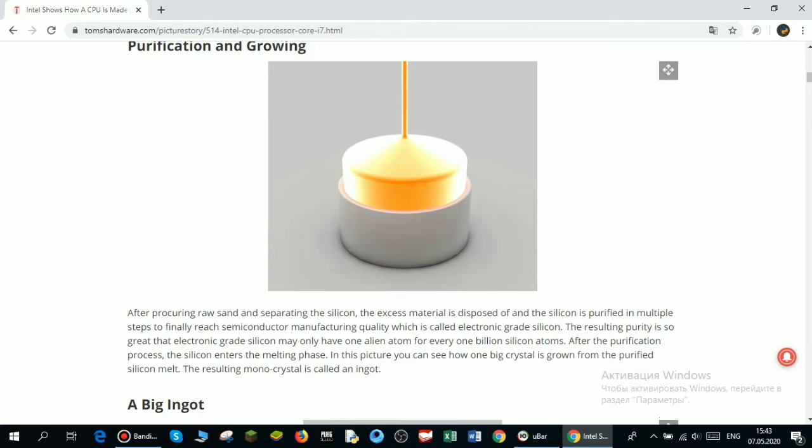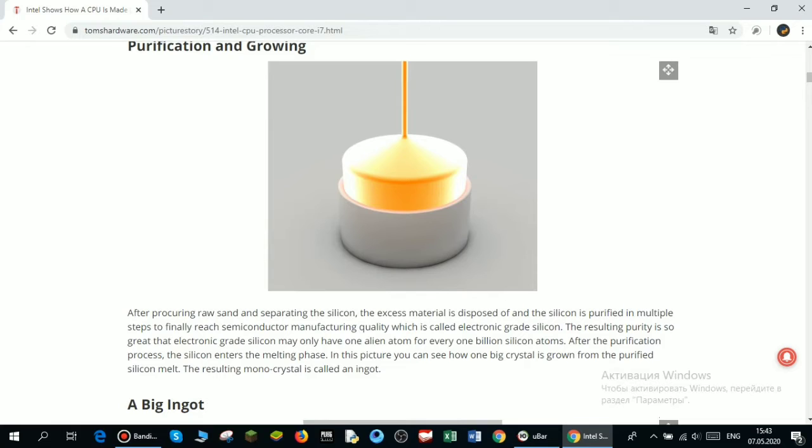After procuring raw sand and separating the silicon, the excess material is disposed of, and the silicon is purified in multiple steps to finally reach semiconductor manufacturing quality, which is called electronic grade silicon. The resulting purity is so great that electronic grade silicon may only have one foreign atom for every 1 billion silicon atoms.